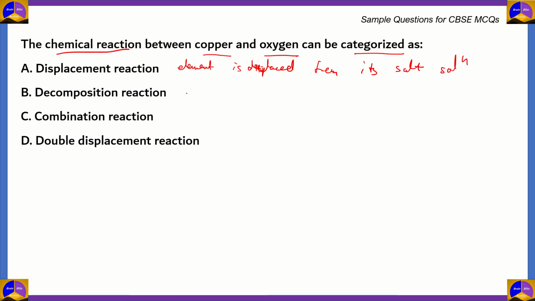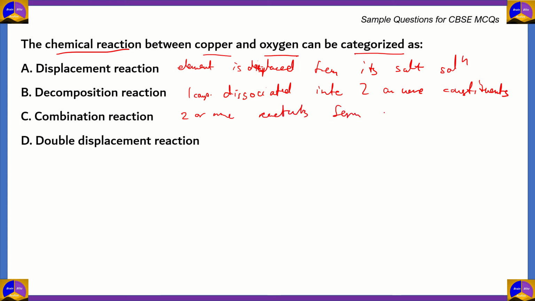A decomposition reaction is where one compound is dissociated into two or more constituents. In a combination reaction, two or more reactants form one single product. And in a double displacement reaction, exchange of ions takes place.